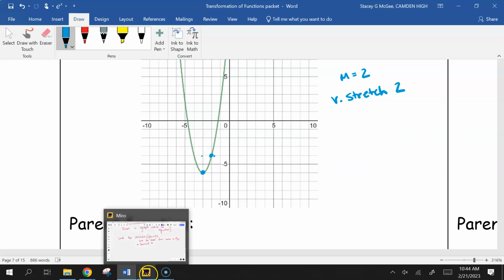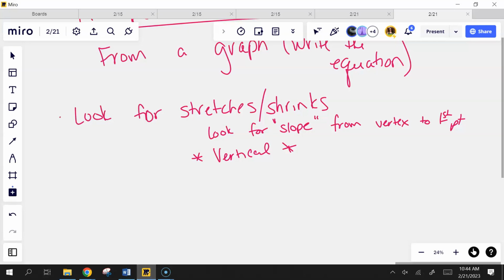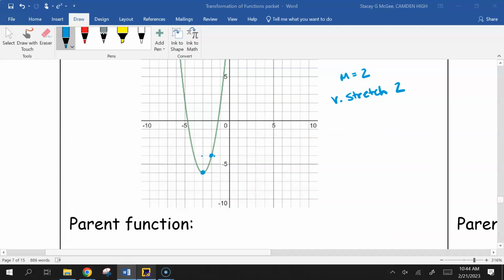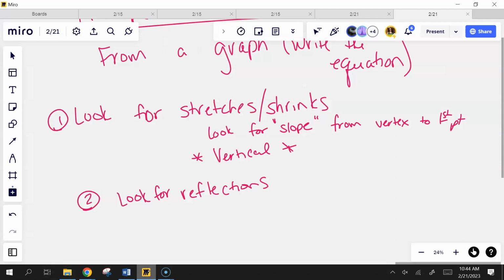From there, I'm going to look for any reflections. And in this case, I don't have any, right? I'm still just up. And then the last thing I'm going to do is look for slides or translations.